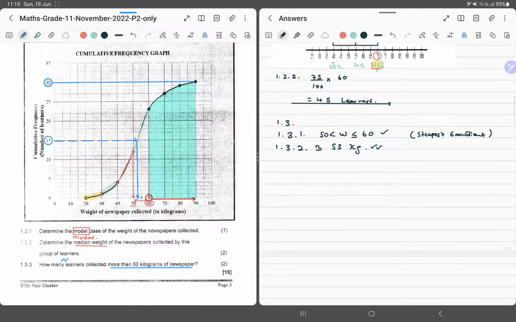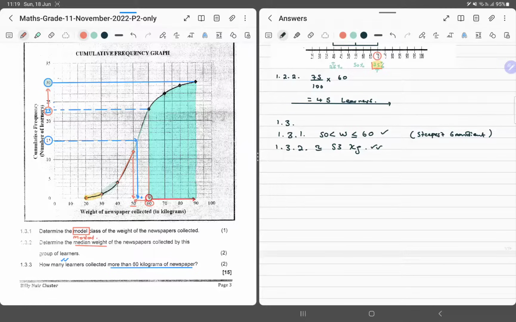We'll have to look at what was the plot of the 60 going to, because we need the difference there. So that plot right there, if this is 20, let's say 1, 2, 3, 4, 5. So this is 23. Okay, so that is 23 against the top, which is 30.